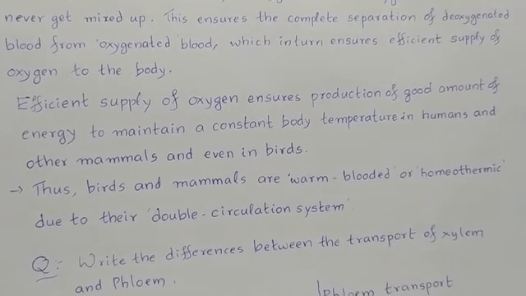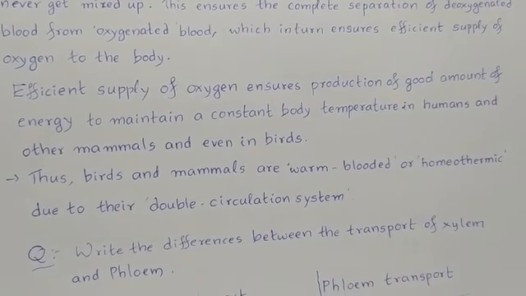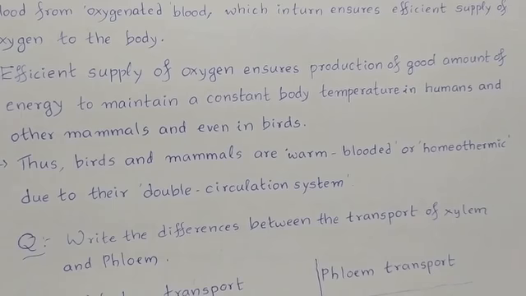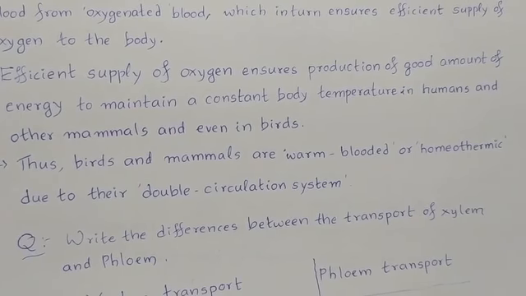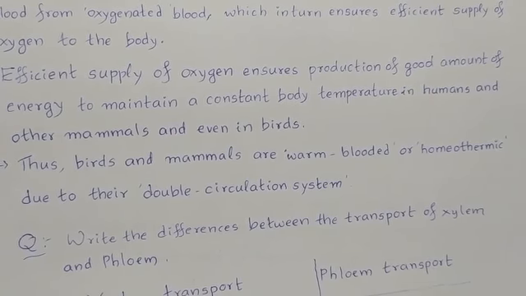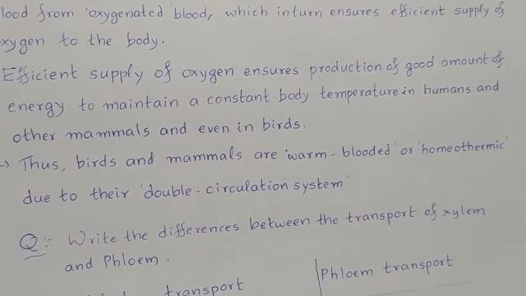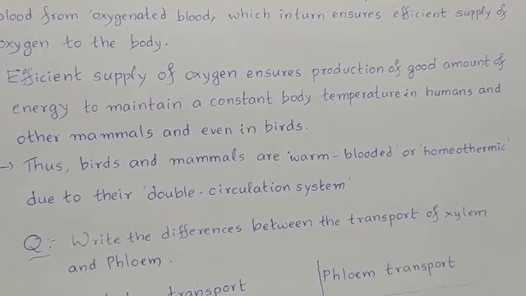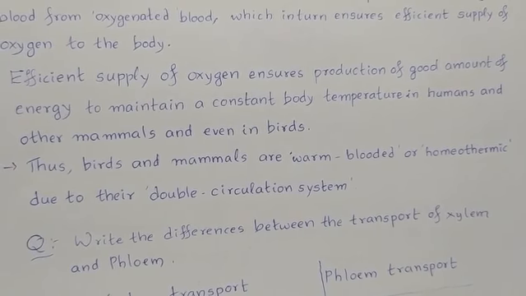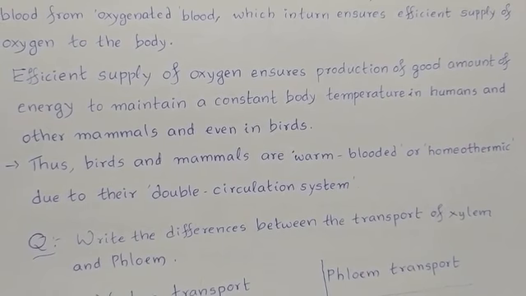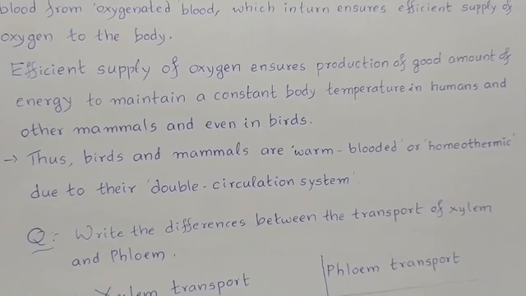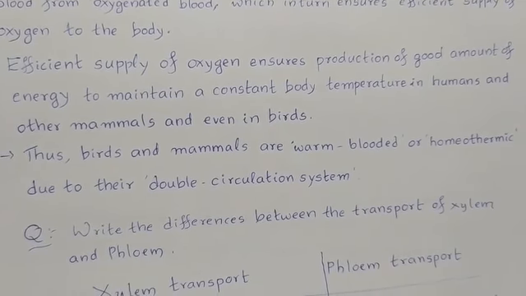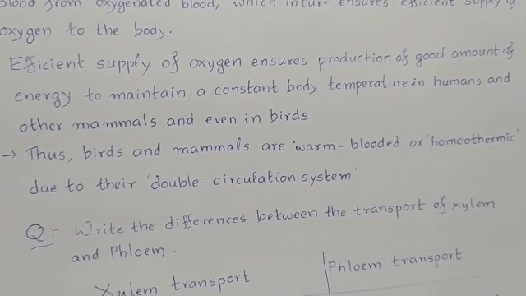Efficient supply of oxygen to the body ensures production of good amount of energy that is needed to maintain a constant body temperature in humans as well as in other mammals and even in birds also. Because of this, birds and mammals are warm-blooded or homeothermic due to their double circulation system.